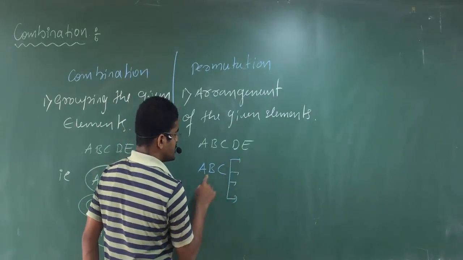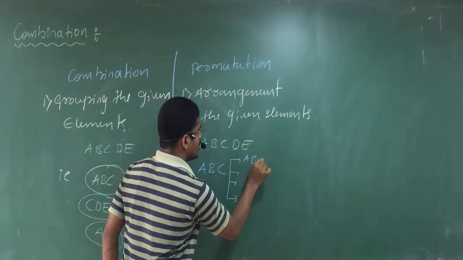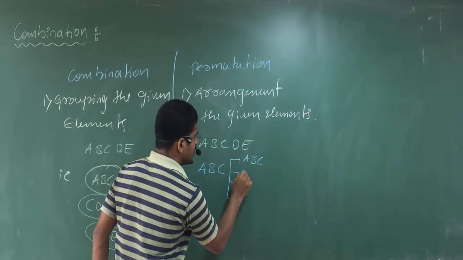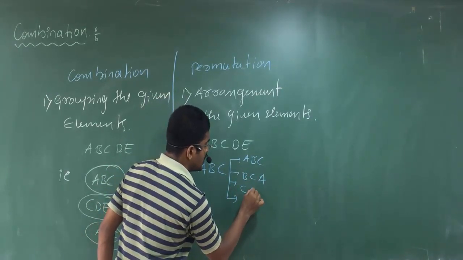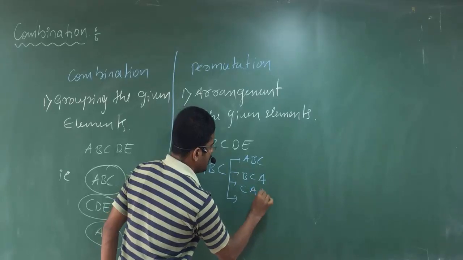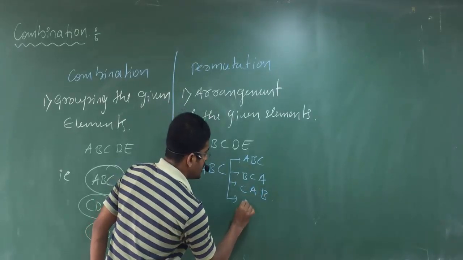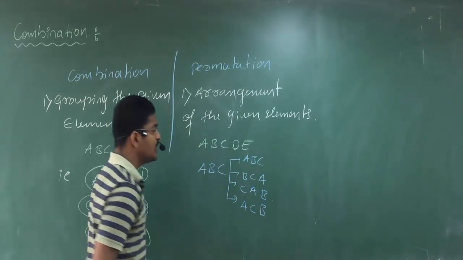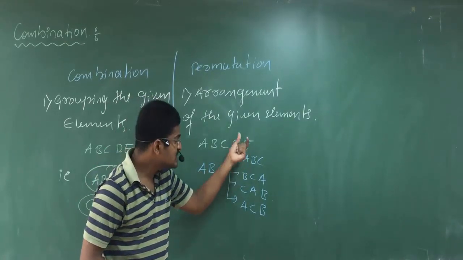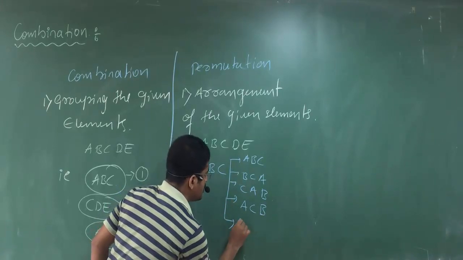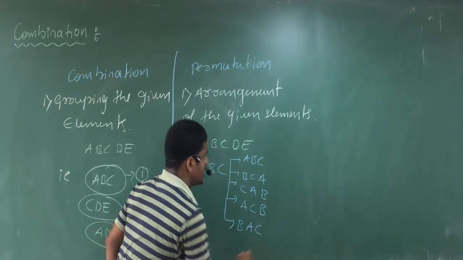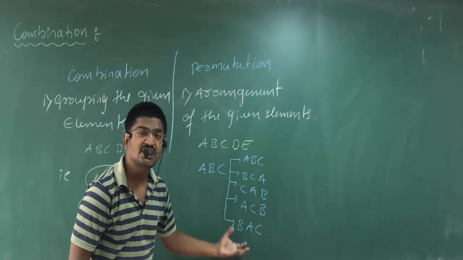I can arrange it as A, B, C. Next I can arrange it as B, C, A. Next as C, A, B. Next as A, C, B. Again I can arrange it as B, A, C. See how I am arranging my terms.